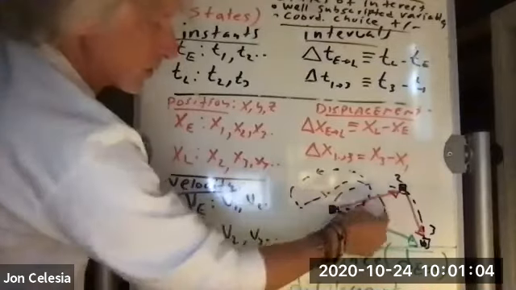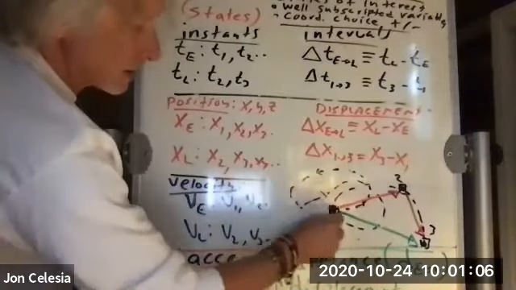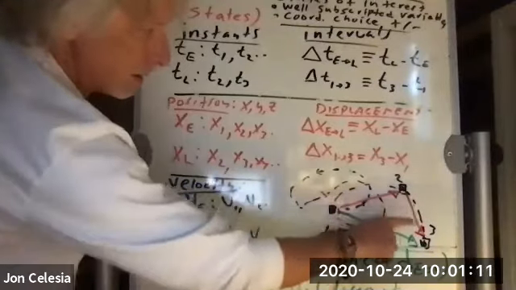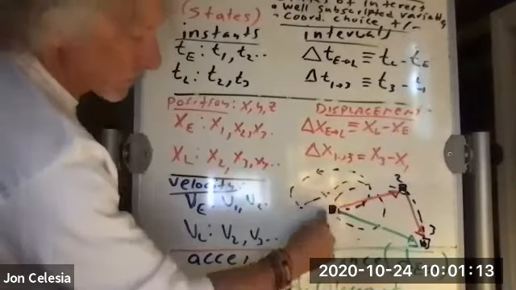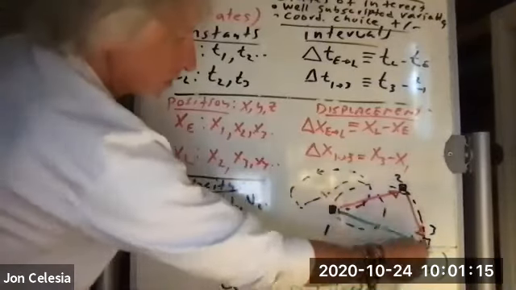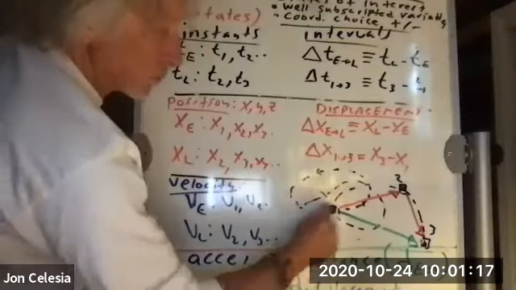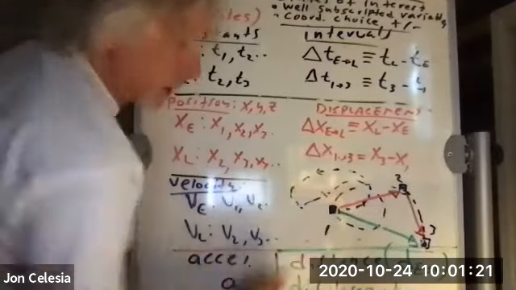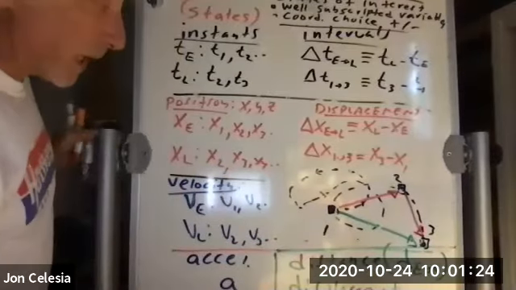Like if you hit ice, which way you would go. Velocity is always tangent to the path. Displacement is always from 1 to 2, from 2 to 3. Notice that the displacement from 1 to 2 plus the displacement of 2 to 3 is the displacement from 1 to 3. You're going to get to that later in chapter 5.